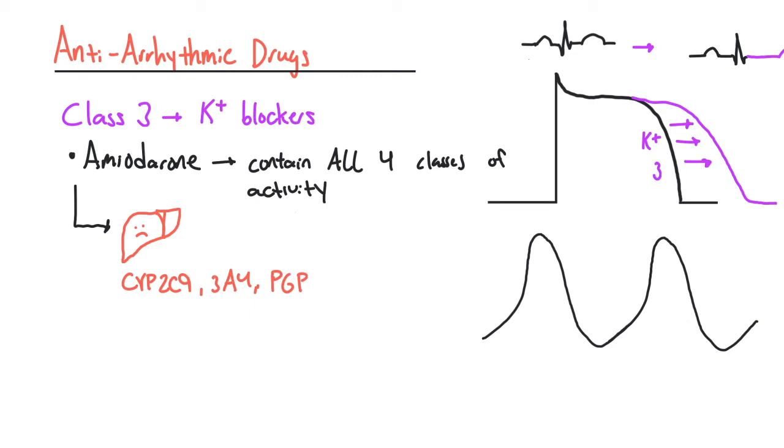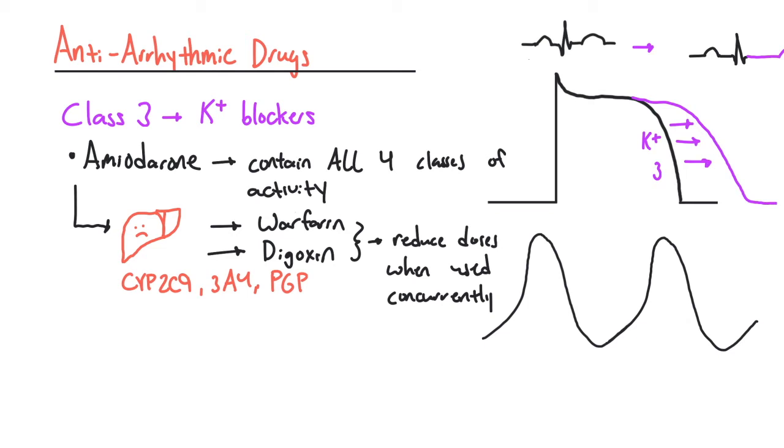Two that I would like you to be familiar with is that it does interact with both warfarin and another antiarrhythmic called digoxin. For both of these, amiodarone is going to raise the levels of warfarin and digoxin, so we are going to have to reduce the dose of each of these agents when they are used concurrently with amiodarone.